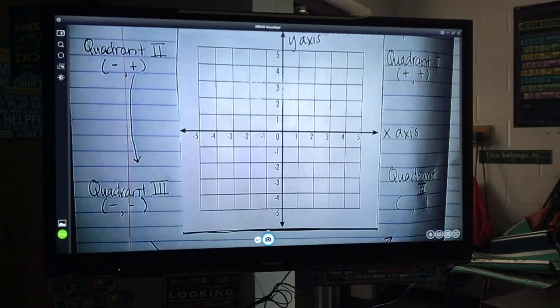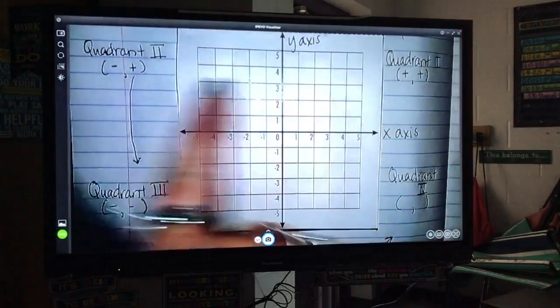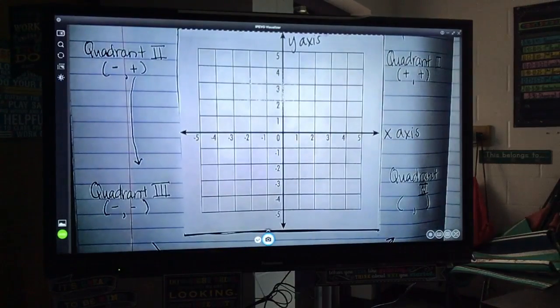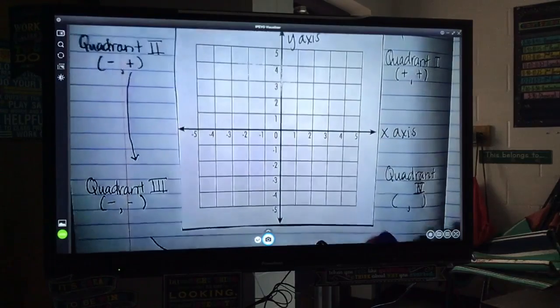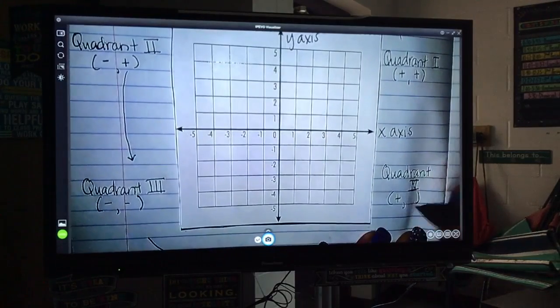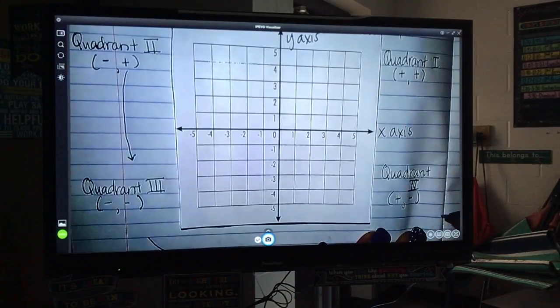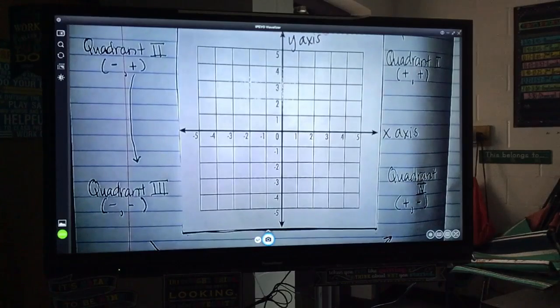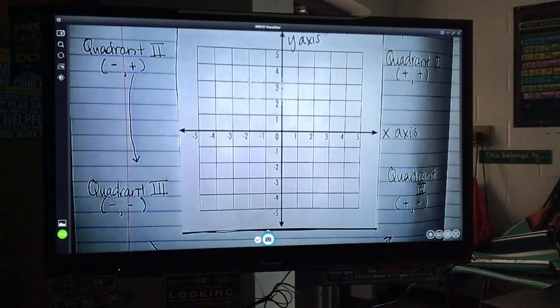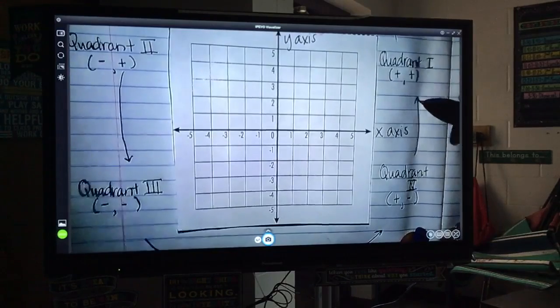What's the first one called? So your first number in your ordered pair is what? The x or the y? Oh, the x. Okay, so you said the x is positive, the y is negative? Yes. Okay.